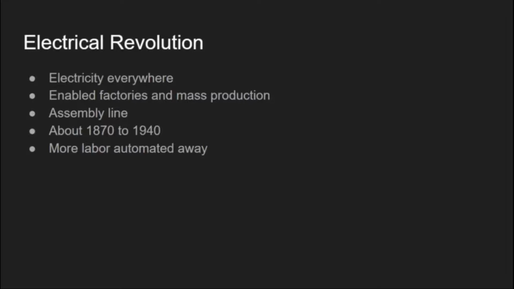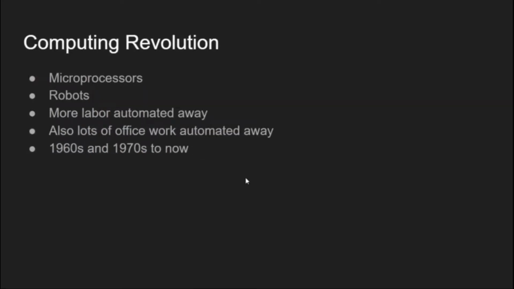You had some more really smart people figure out things like the assembly line and other efficiency improvements. And this is all going on in the late 1800s and early 1900s. You'll hear all about Henry Ford in your history class. And more and more labor is being replaced by machinery during this time. More and more things that people are just following instructions, that was going away about this time. Machines are starting to do more of it.